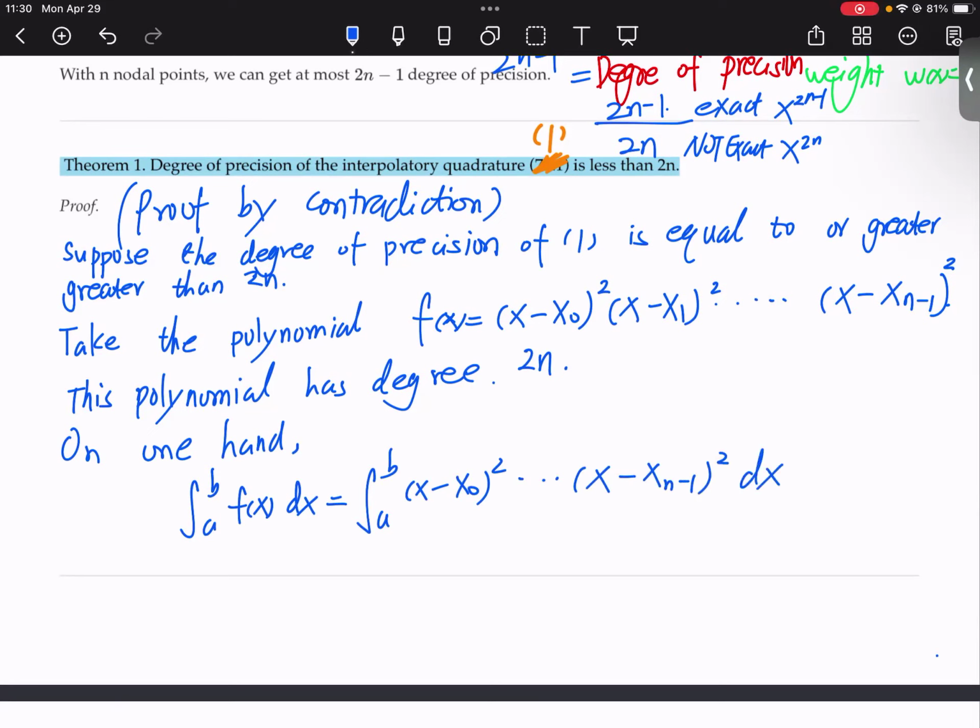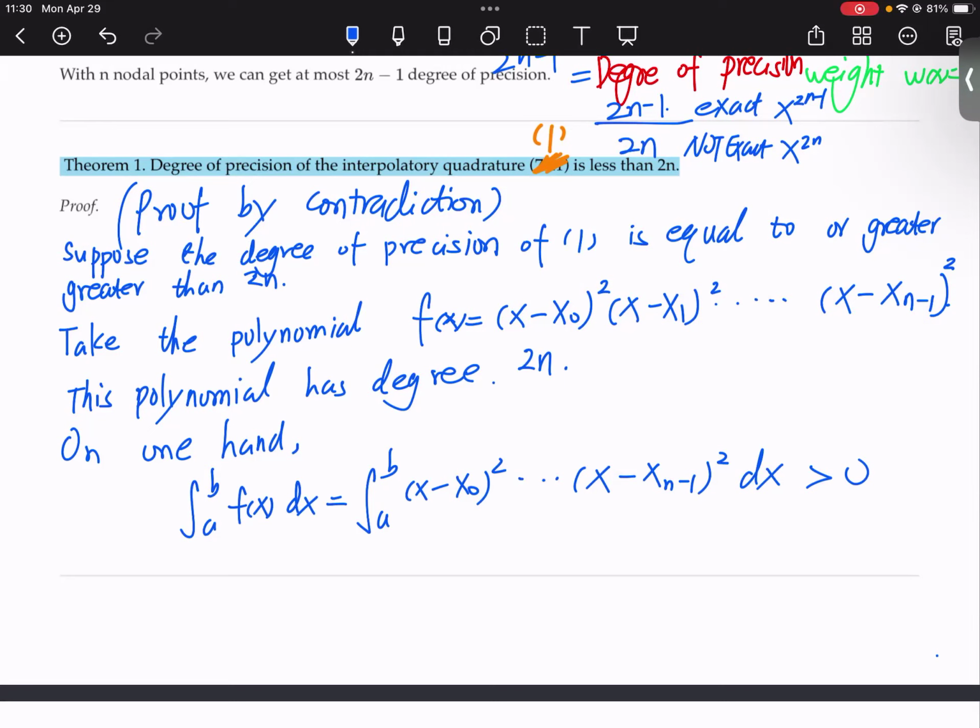And this should be bigger than 0. Does that make sense? Because this function is non-negative, and it also has some positive values in the interval. I'm not sure how to draw that function, but I know it is non-negative.